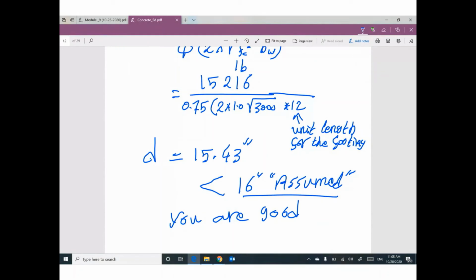The question is, if this depth value is 18, 19, 17, which is greater than what you assumed, I'm so sorry, please go back and assume what you got here. So please go back here one more time.